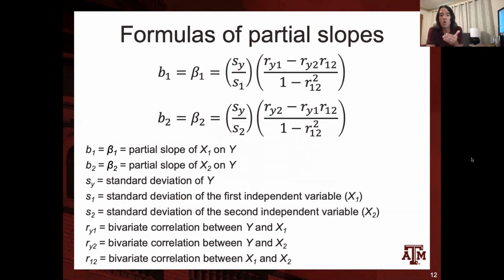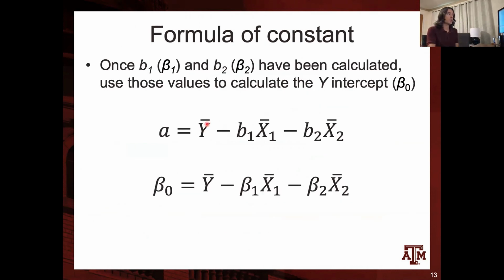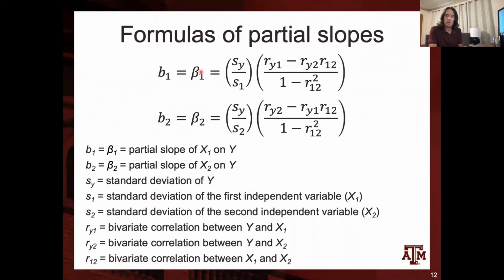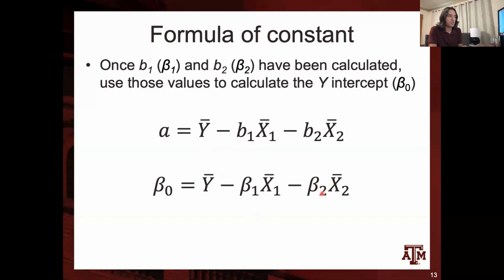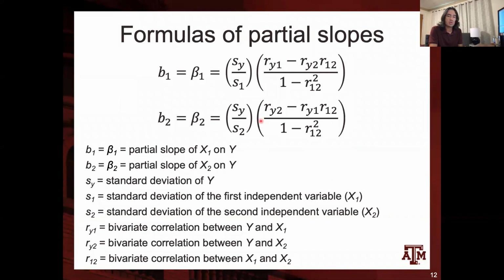If I had more independent variables in my analysis, this formula would be much longer, right? I'm just showing here the logic to estimate beta 1 and beta 2. After I estimate beta 1 and beta 2, as I said in the previous slide, I can estimate the constant. I calculated beta 1 using this formula, and I estimated beta 2 using this formula.